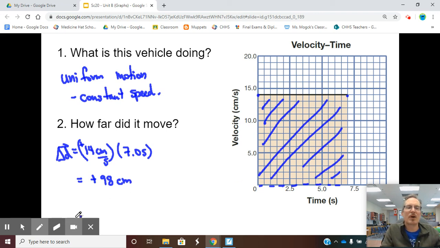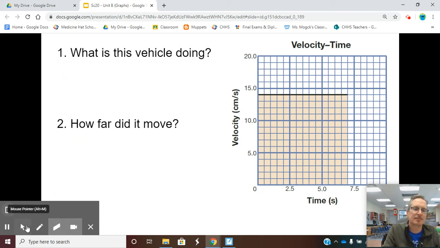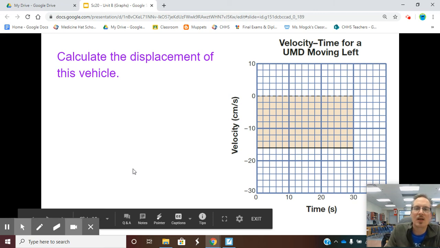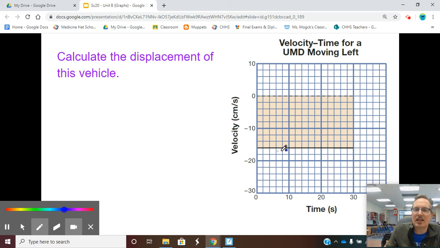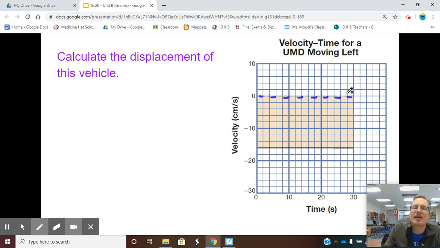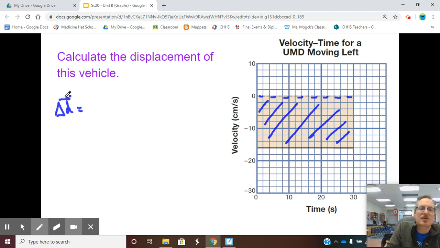Okay, let's try one more example. Okay, now this one's quite good. So we can see that here is my line. But again, my 0 is up here. So we say, hey, the area under the graph, but it's actually the area to the 0. So we are filling in all of this. So to find displacement, it's going to be length times width.